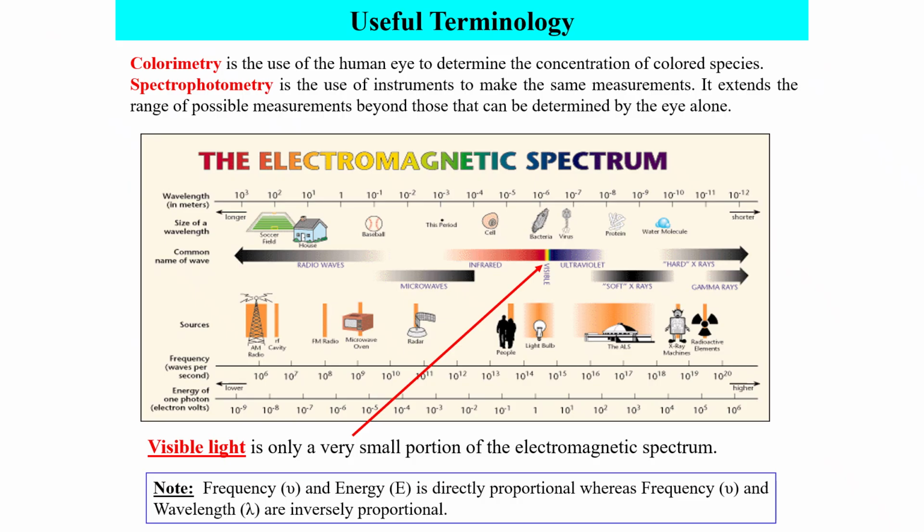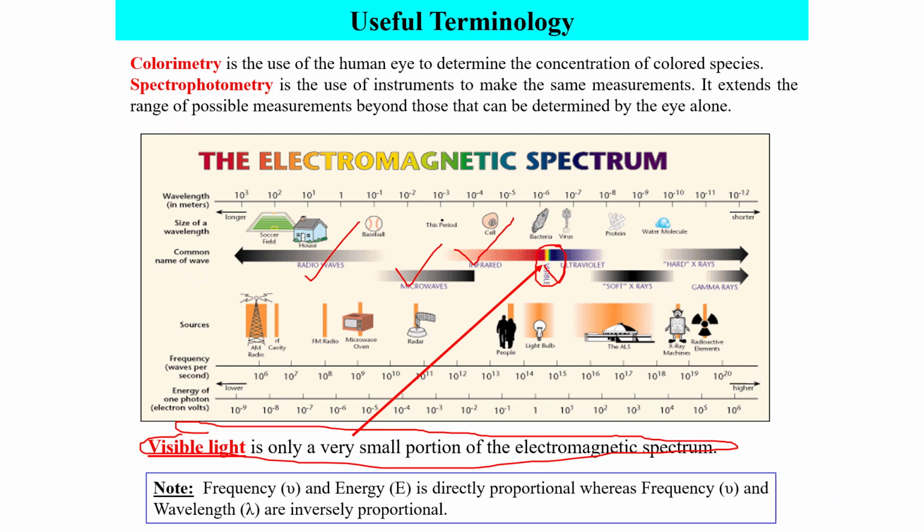Now if you talk about the electromagnetic spectrum, it ranges from radio waves, microwaves, then infrared, then comes the visible range. The colorimeter works only in the range of visible light, that is only a small portion of the electromagnetic spectrum, that is VIBGYOR, the colors of the rainbow, from 400 nanometer to 700 nanometer. So you will be able to see wavelengths from 400 to 700 nanometer in the colorimeter.